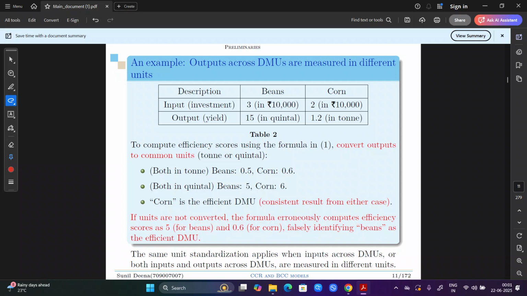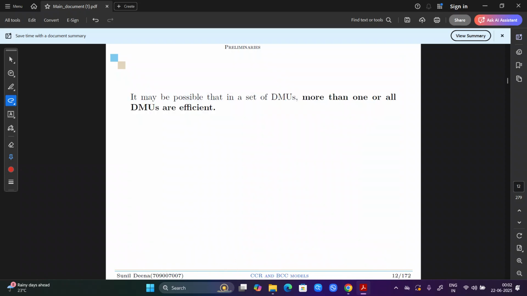Next I will explain: the same unit standardization applies when both inputs and outputs across DMUs are measured in different units. Next, it may also be possible that in a set of DMUs more than one DMU is efficient.